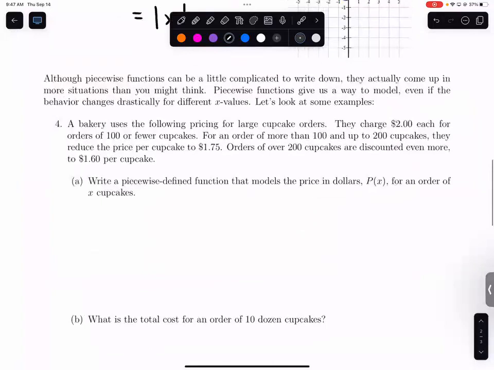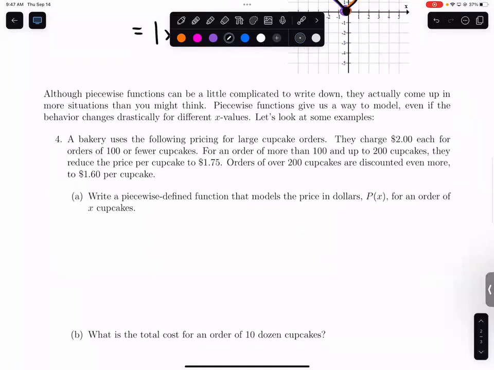All right. One example of a context type problem where this would come up. Read through that a couple times.